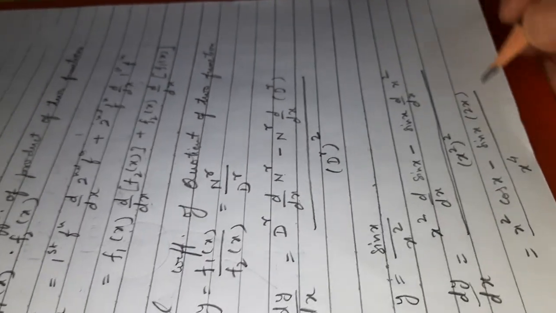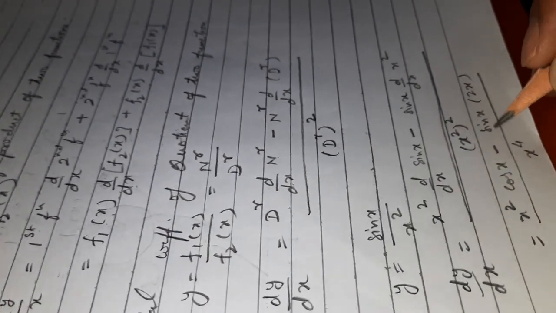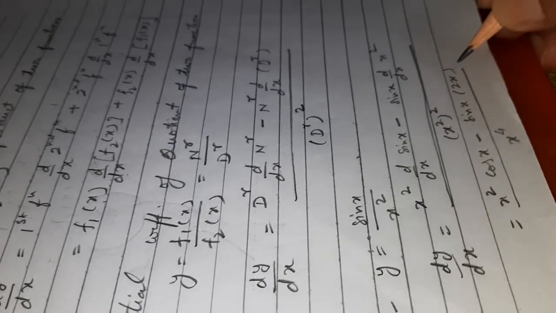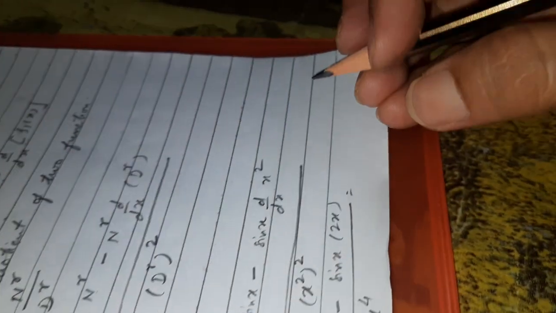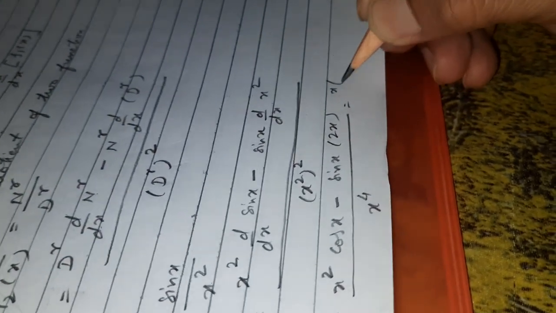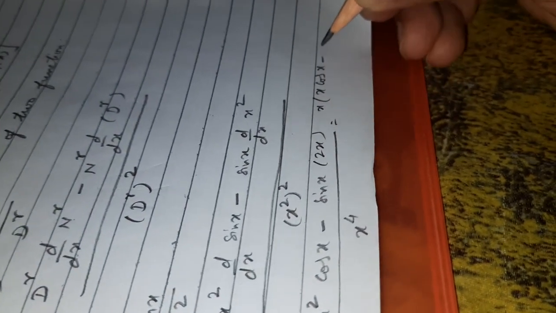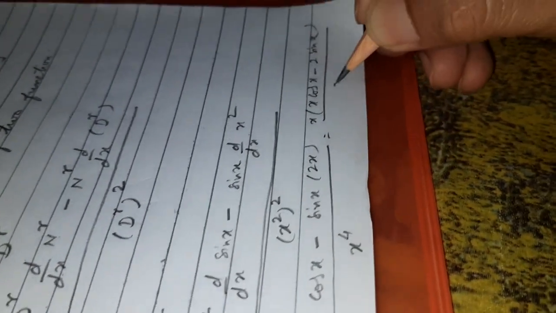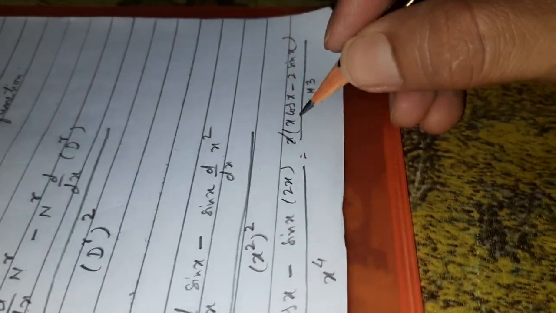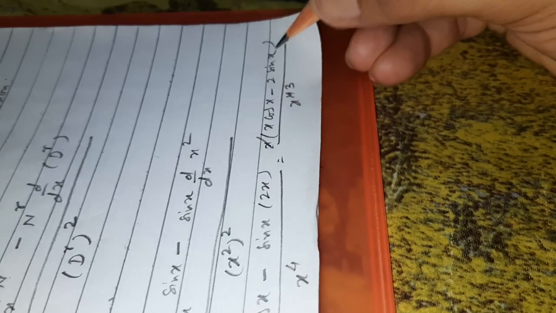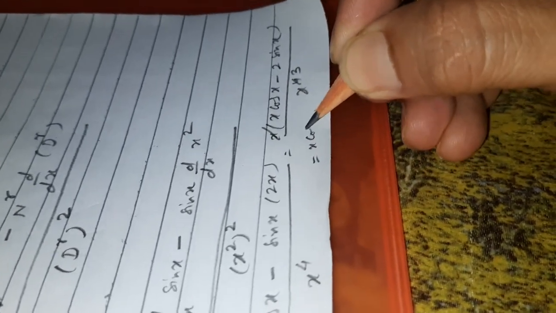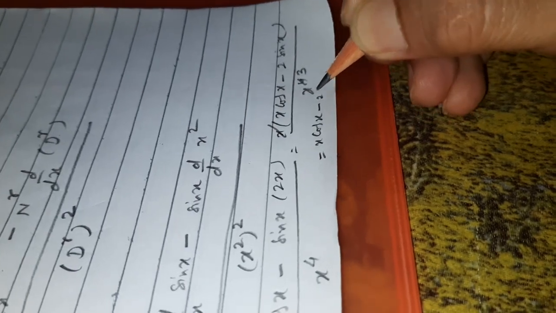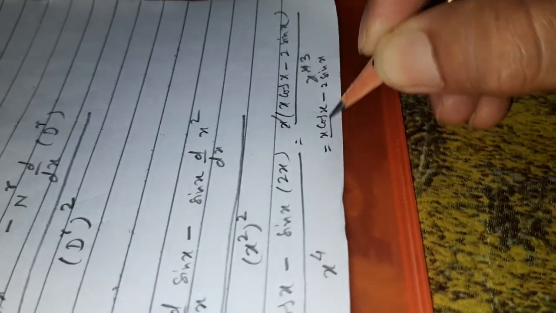Here x is common, so it becomes x cos x minus 2 sin x in brackets, upon x to the power 4. This x and this power cancel, so we get x cos x minus 2 sin x upon x cube.